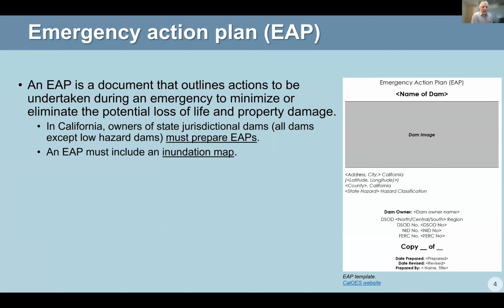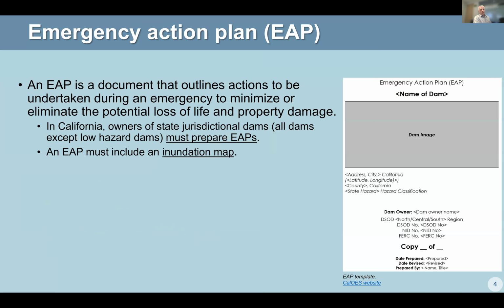So, and then there's two other things that you need to know as we progress through here. If you own a dam in California, you're required to develop what's called an emergency action plan. That's a document that basically describes how you would address an emergency for your dam.